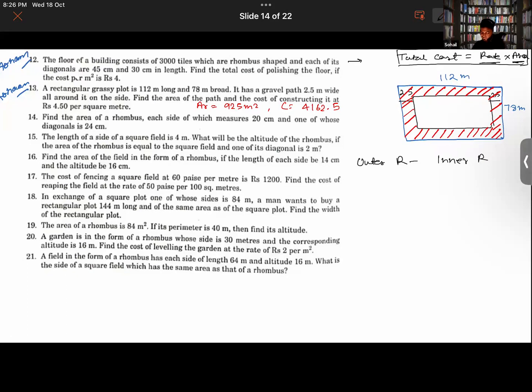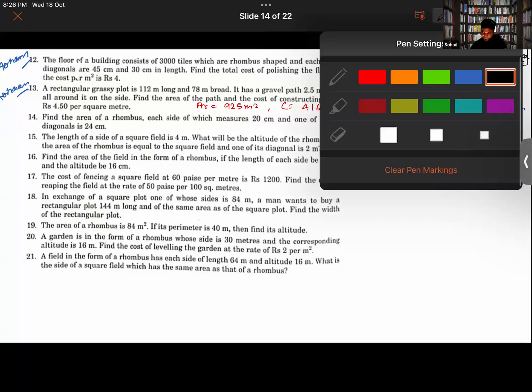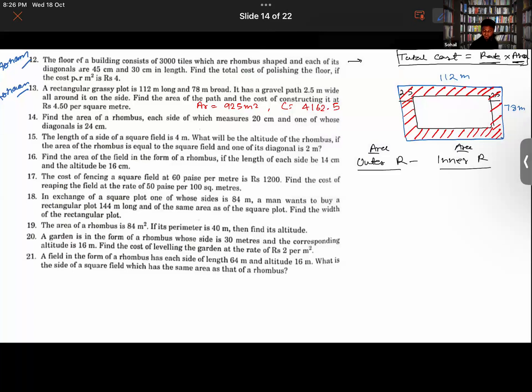The outer rectangle's area, and this is the area of the inner rectangle. That can be calculated very easily. For the outer rectangle, length and breadth are 112 and 78, minus the area of the inner rectangle. For the inner rectangle, 112 minus 2 times 2.5, because on both sides you will have to subtract.